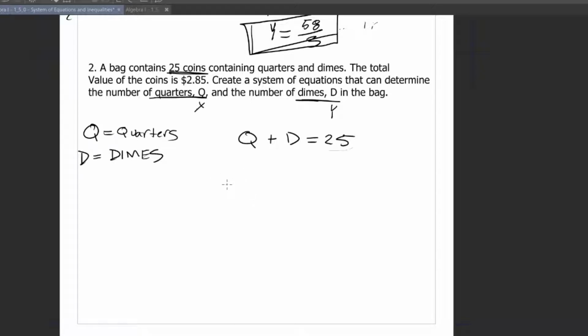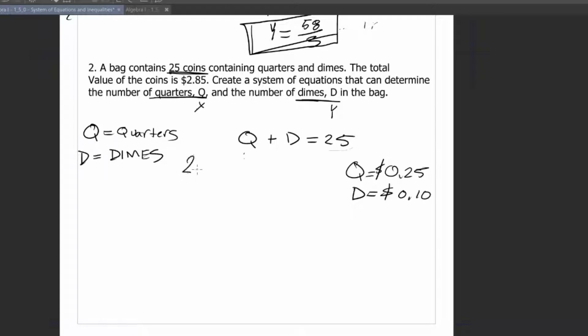So we know the value of a quarter. We know quarters equal 25 cents, right? And then we know that dimes equal 10 cents. So what we can do, we know that Q, the number of quarters in here, plus the number of dimes in here, their total value equals 285.